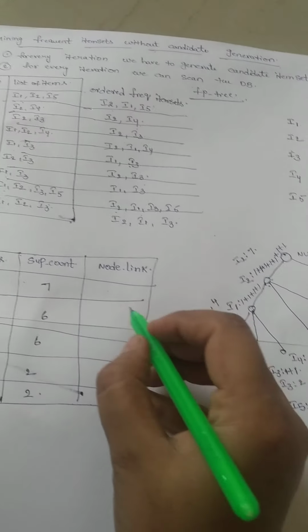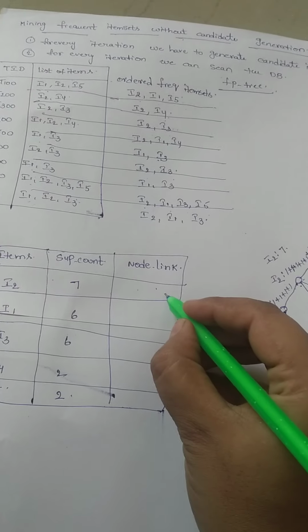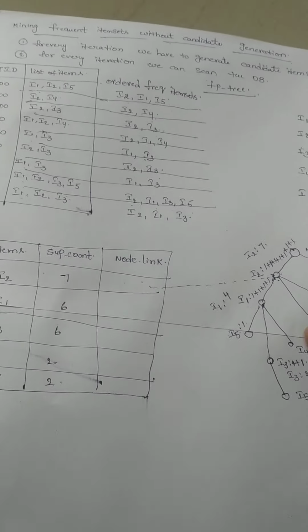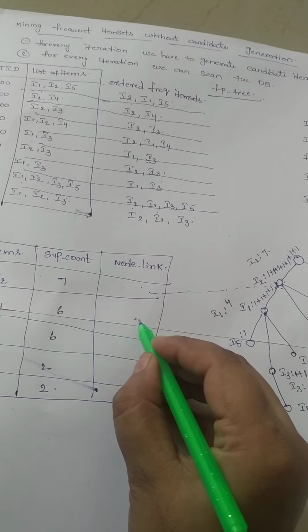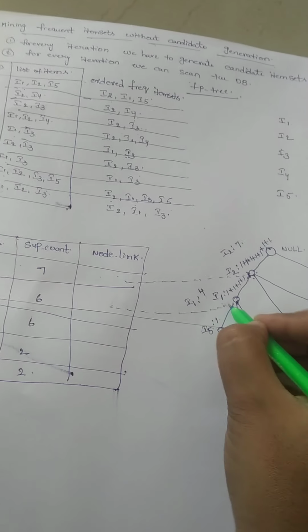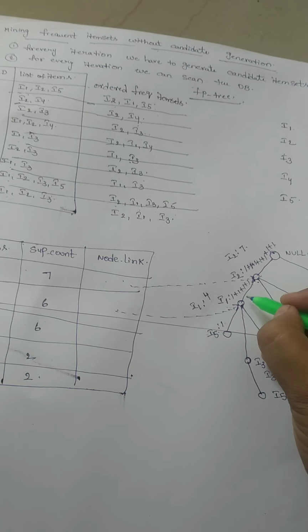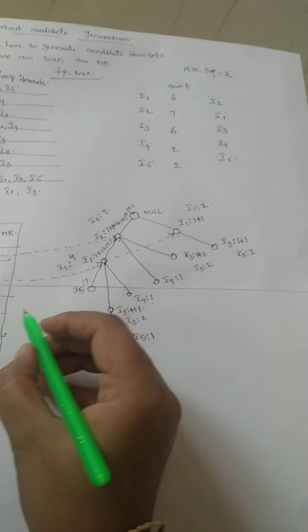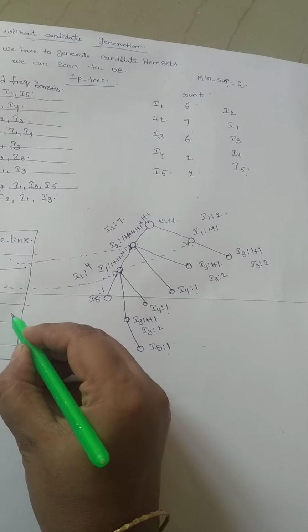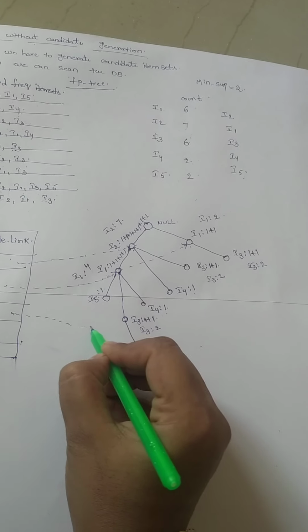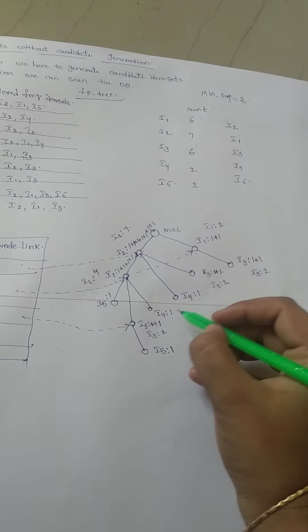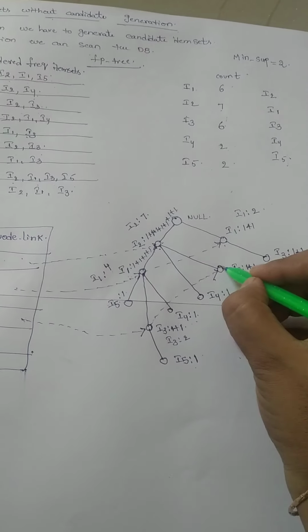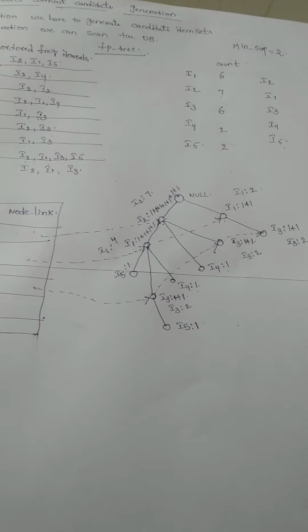This is the node. Here we have to link the items. I2, next I1, I1 from this to this. I1. Next I3, I3, I3, I3.